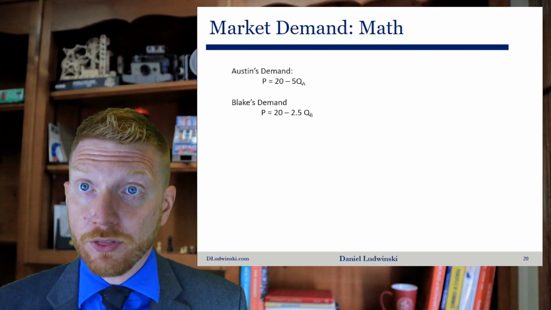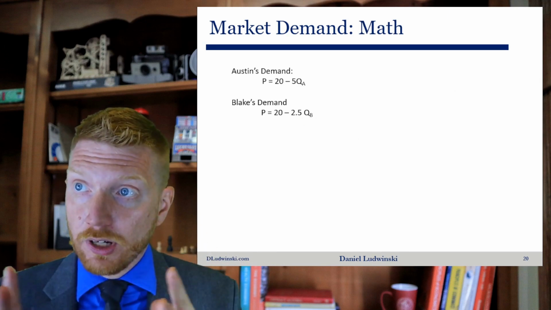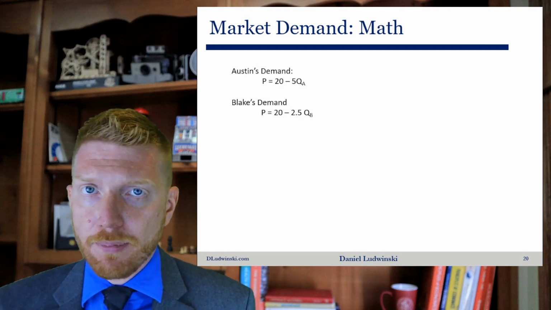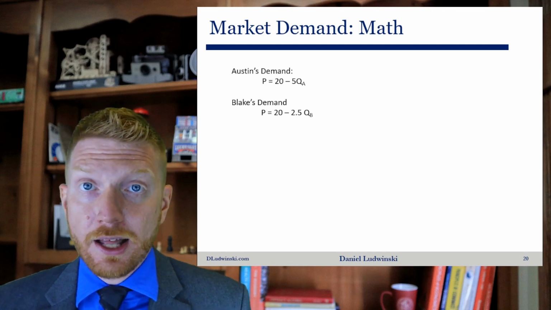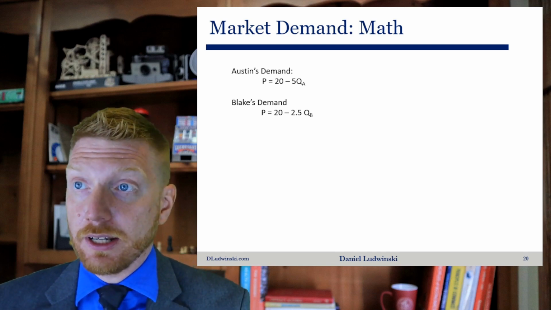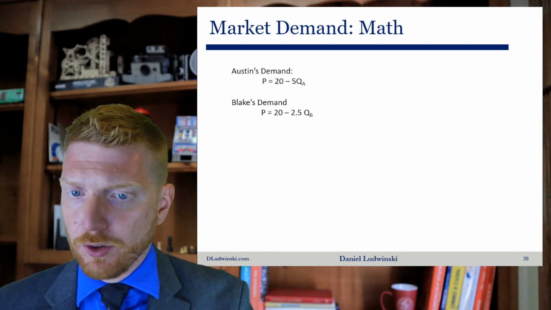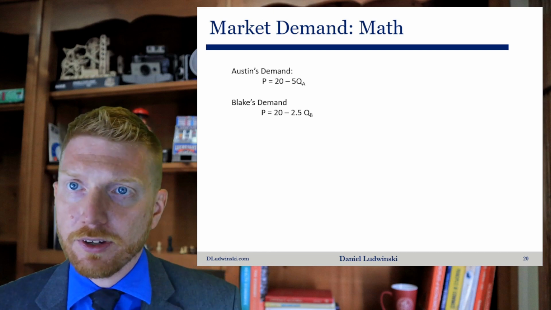Now let's look at it the third way, mathematically. So here is Austin's demand and Blake's demand written as we would graph them. You're often given formulas this way, and often not given these subscripts for Austin and Blake. You're just given Q and meant to understand that those quantities mean Blake and Austin.